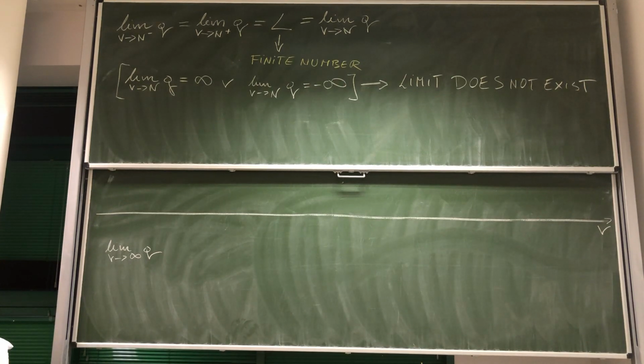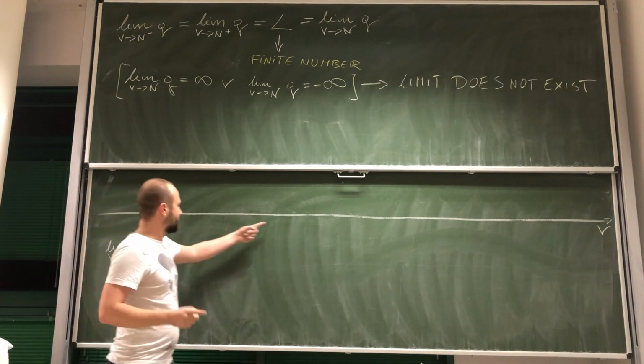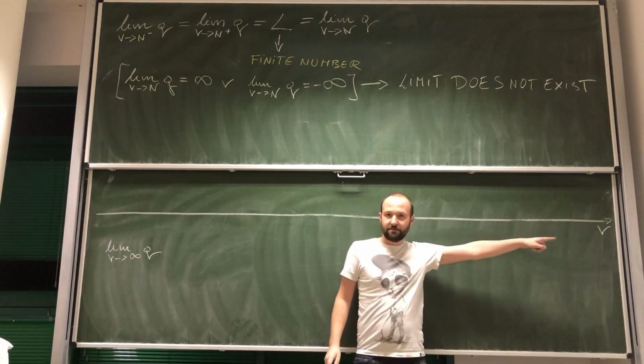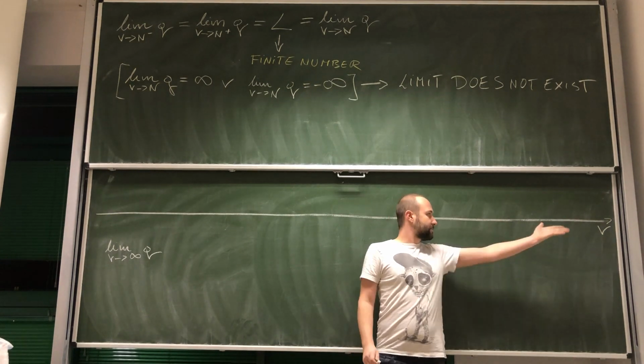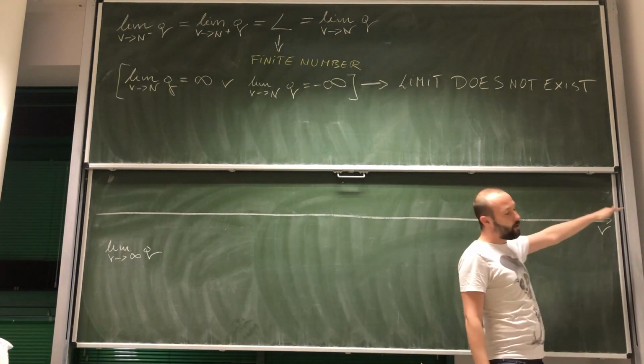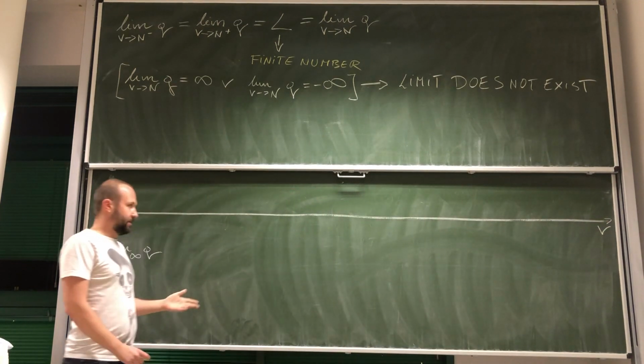Now look, where is infinity over here? Well, it's somewhere there. Where exactly, we don't know, because this axis will go on forever, but it will never reach infinity.